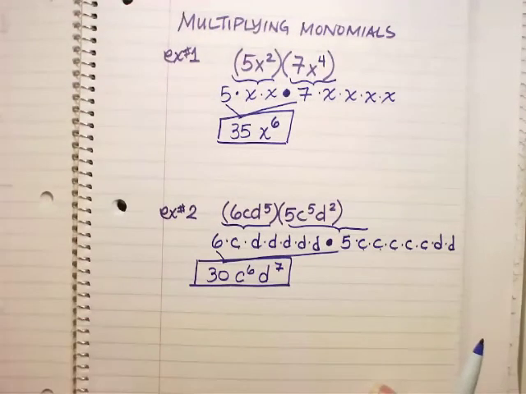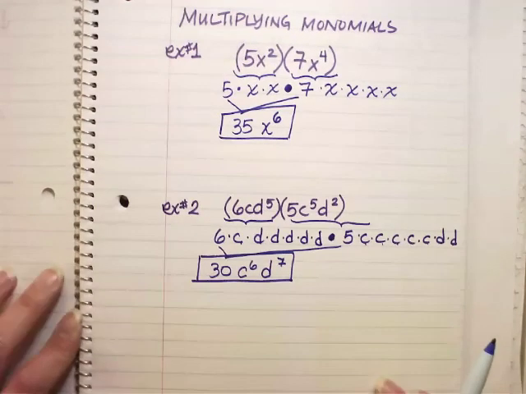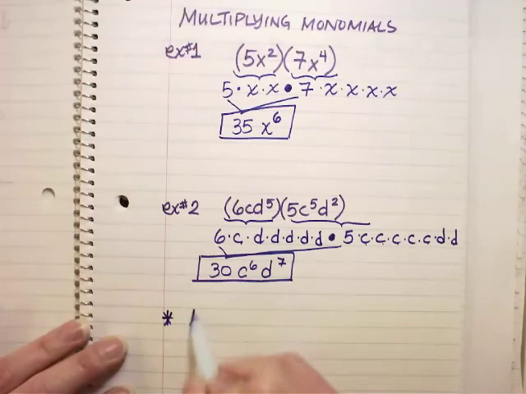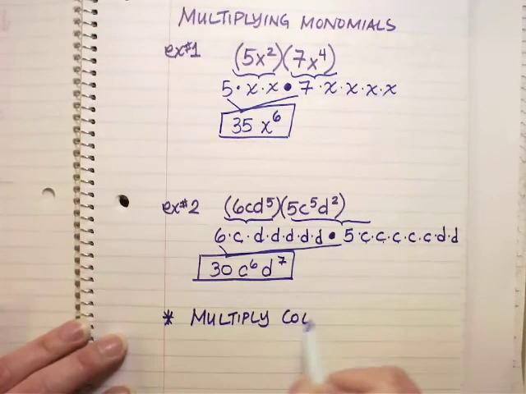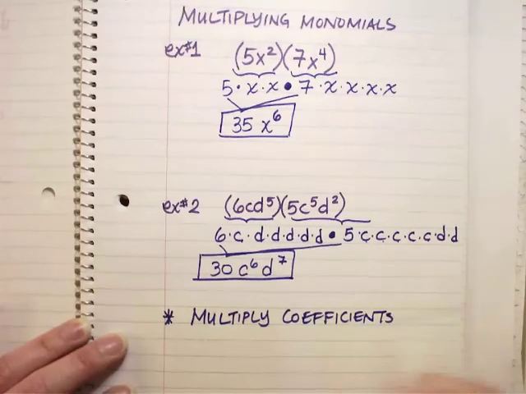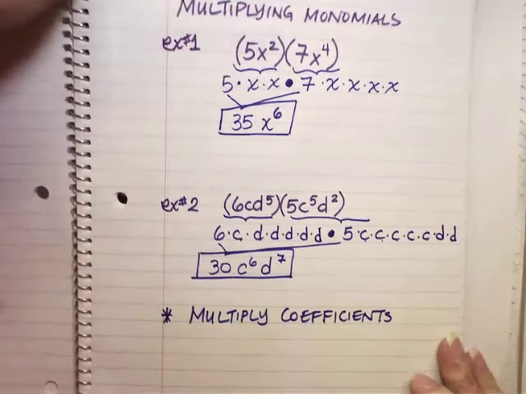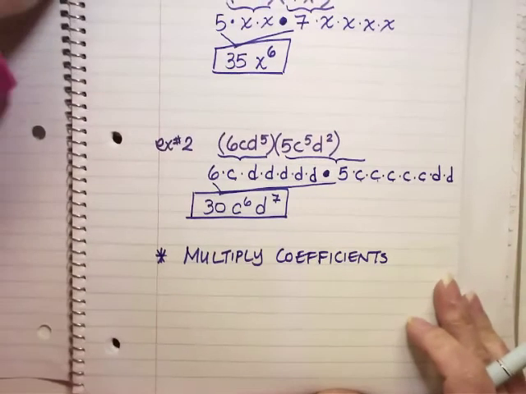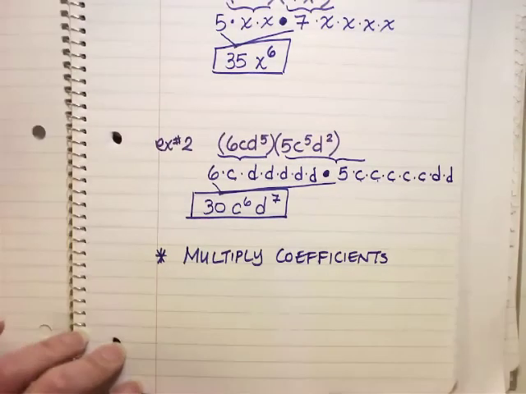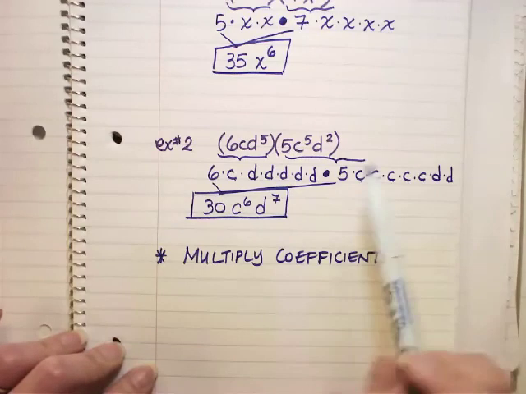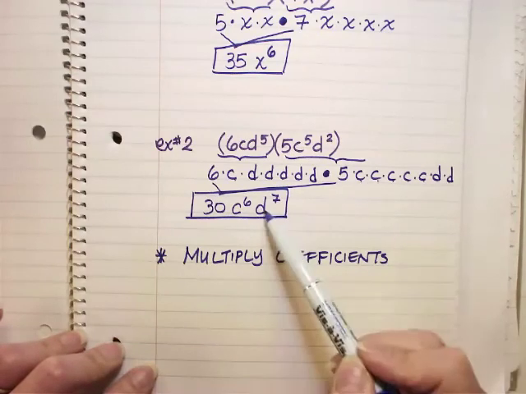So what we've noticed is that if you are multiplying these together, you can multiply the coefficients, which are the numbers in the front. And then what do we do with the variables and their exponents? You figured it out. We just add the exponents together as long as the base is the same.